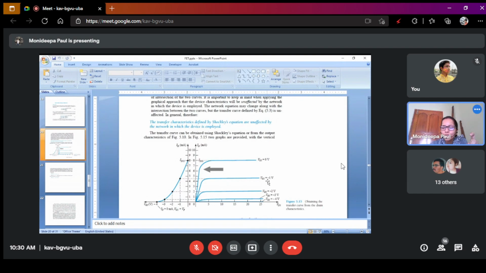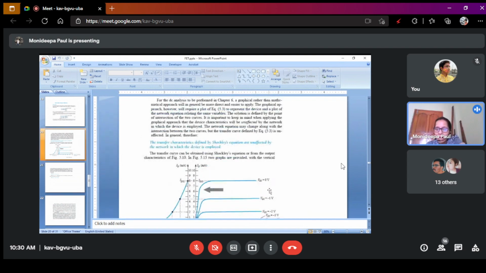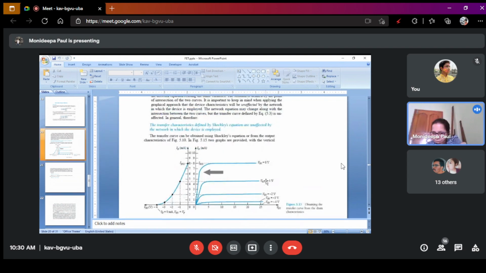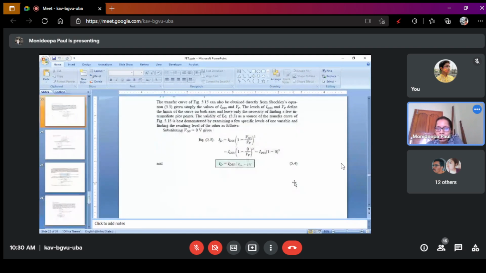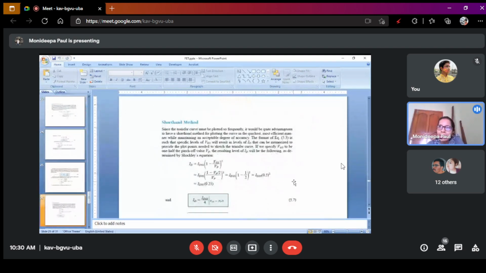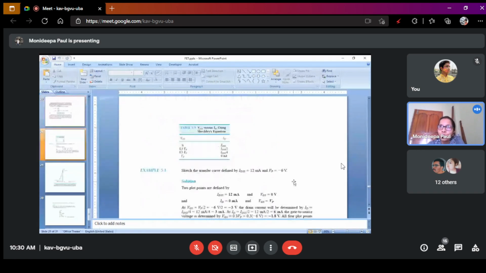And here you see, when you increase the VGS value in negative order, that is minus 1, minus 2, minus 3, minus 4, then the ID value will be decreasing. So in this problem, IDSS is given, IDSS is equal to 12 milliampere.